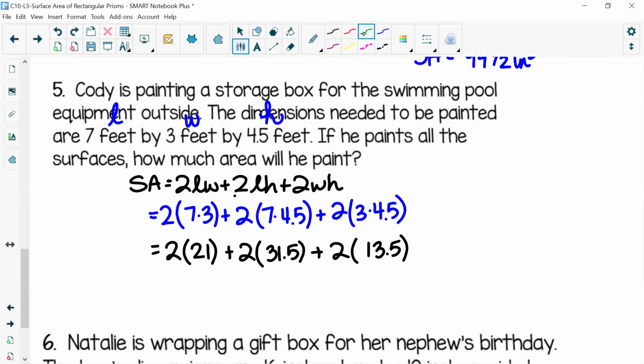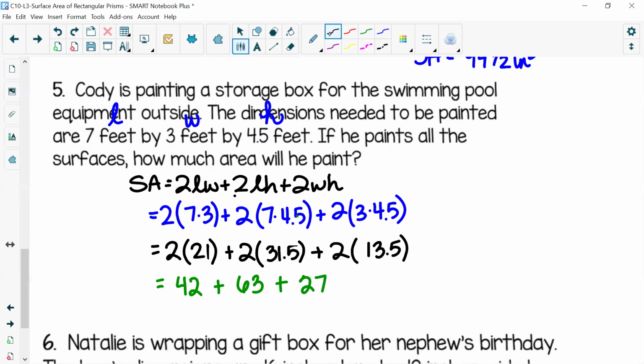All right, so now let's multiply. 2 times 21 is 42, plus 31.5 times 2 equals 63.0, plus 13.5 times 2, which would give me 27.